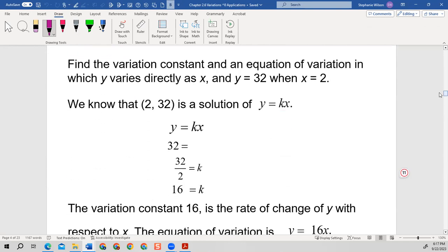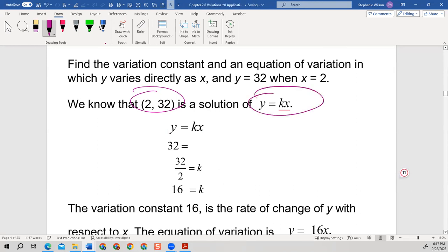Example 1, we're going to find the variation constant and an equation of the variation in which y varies directly as x. So we're going to say y is equal to 32 and x is equal to 2 in this one. We've got our ordered pair.